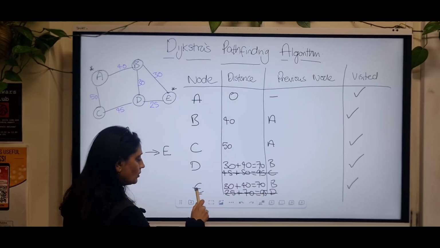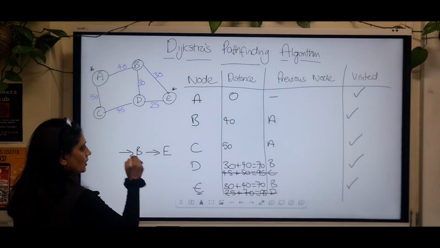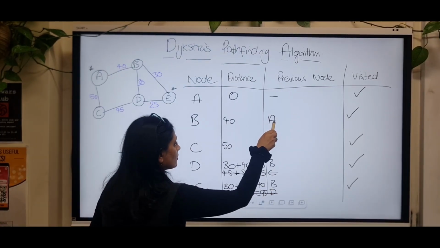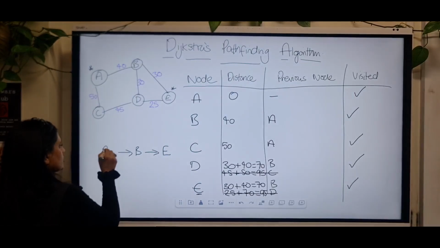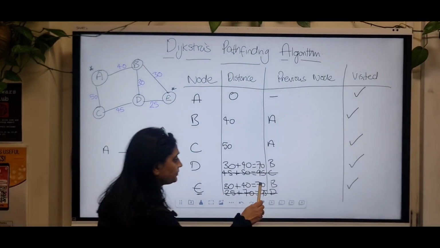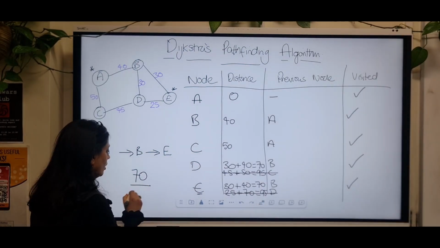We got to E from B, and we're backtracking. B, the previous node was A. So our path that we've taken is A, B, E, with a distance or cost of 70.